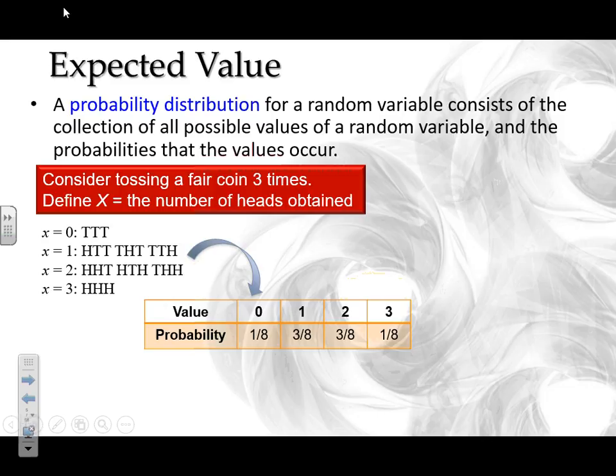It's basically just a table of values. So the top row, you just define as your values for your random variable. So your lowercase x can be 0, 1, 2, or 3. And then you also need to give the corresponding probability. So the probability of getting 0 heads is 1 out of 8. Probability of getting 1 would be 3 out of 8, and so on.